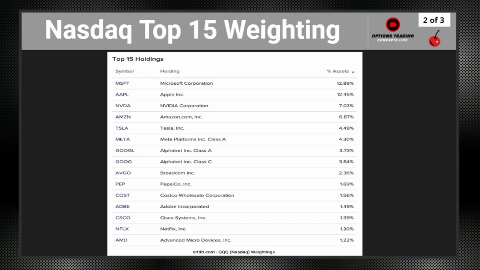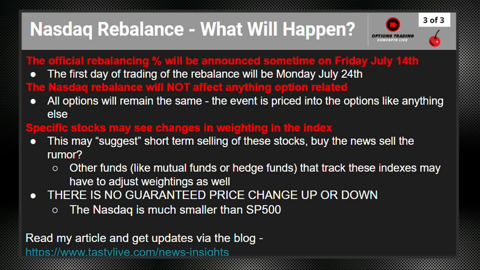Yep. So jumping on to the last slide here, just a couple things to keep in mind about this whole situation and about the rebalancing as a whole. So I've had emails and tweets and DMs about what will happen, and the short answer is, nobody knows what's going to happen, and this is a news event that has now been digested.